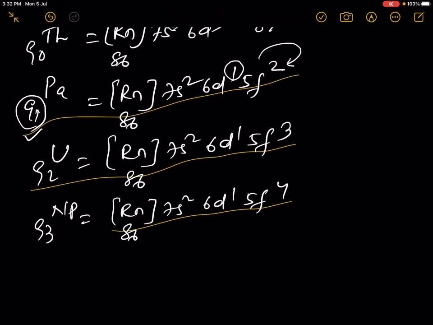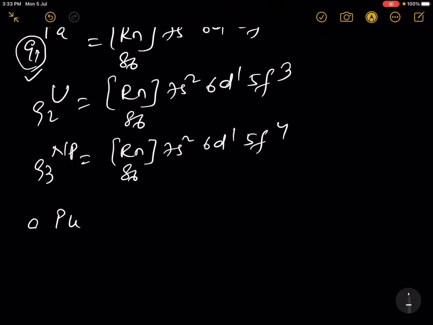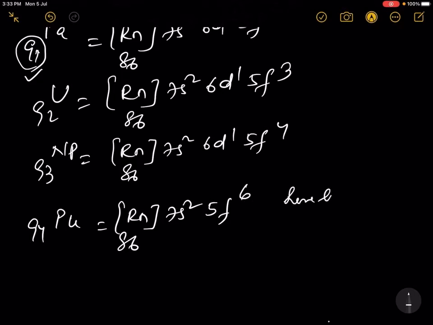After neptunium, you will find plutonium 94, radon at the core 86, 7s2. Then 5f6. Here there is no 6d electron.